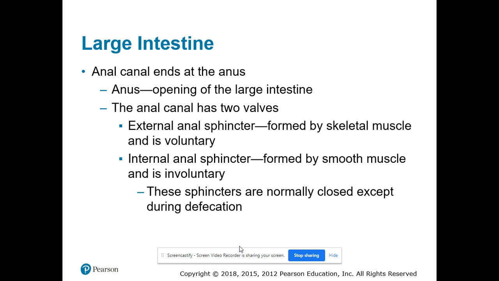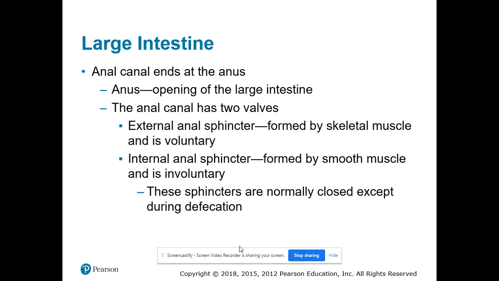So your anal canal actually ends at your anus, which is just an opening in the large intestine where feces is going to exit out of your body. The anal canal actually has two valves. You have an external and internal sphincter or valve. Your external anal valve is formed of skeletal muscle, and you have voluntary control of this. Think about it.